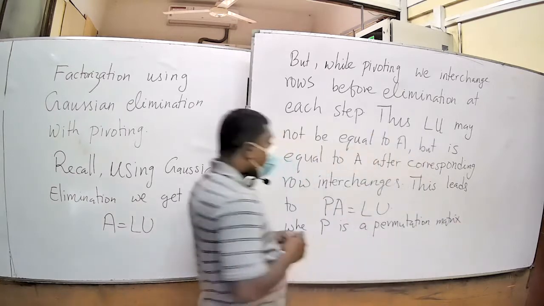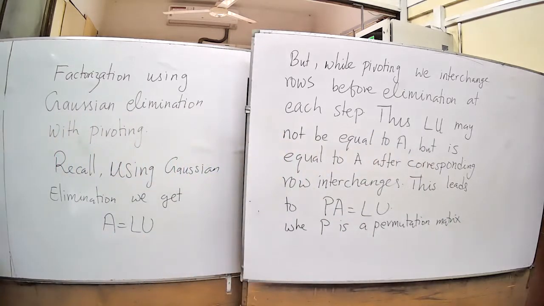we have already seen what we mean by a permutation matrix. A permutation matrix is basically an identity matrix which underwent certain row interchanges. So PA is equal to LU is the factorization you get by using Gaussian elimination with partial pivoting, or with pivoting.